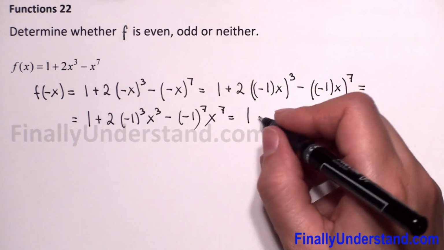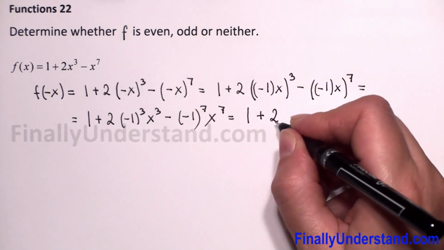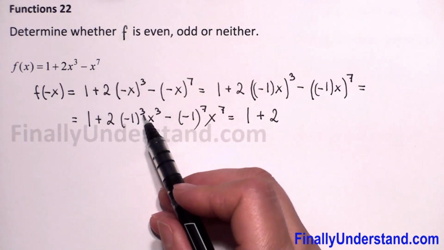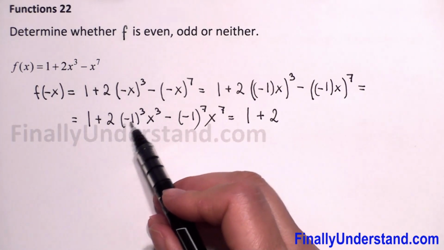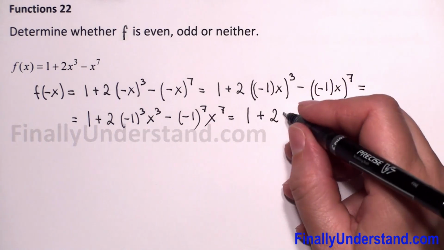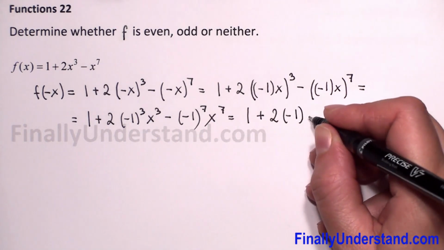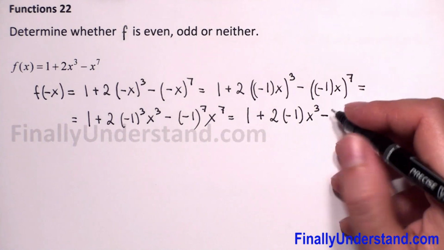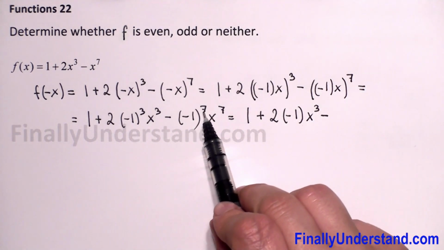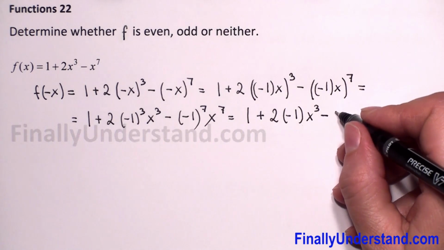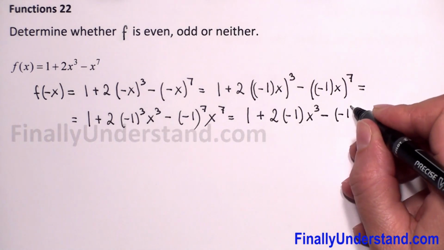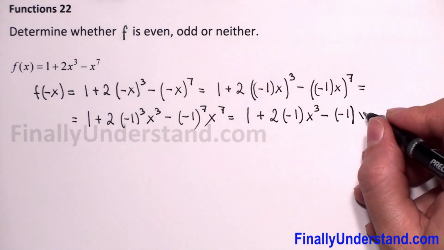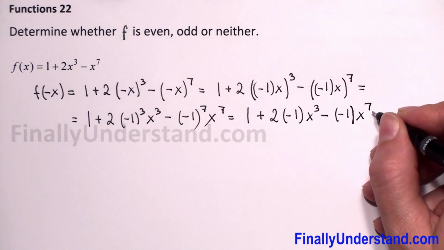We have 1 plus 2 times negative 1 to third power, because the power is odd, it means we have negative 1, times x to third, minus, the power is odd, it means the same, we have negative 1 to power 7 is equal negative 1 times x to power 7.